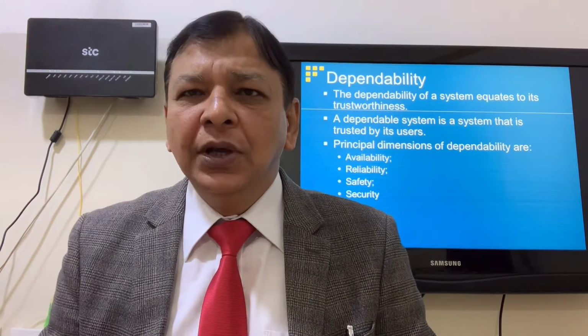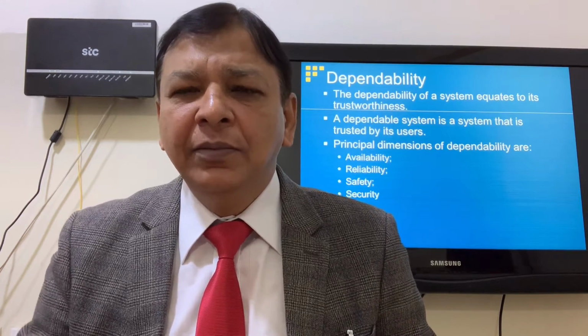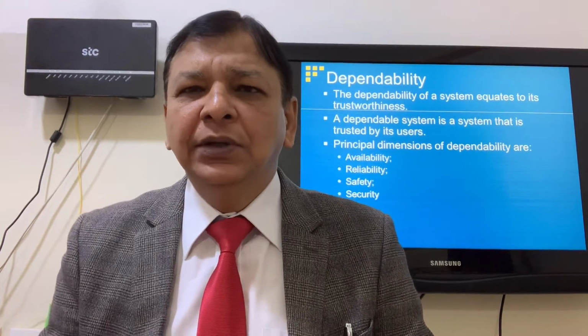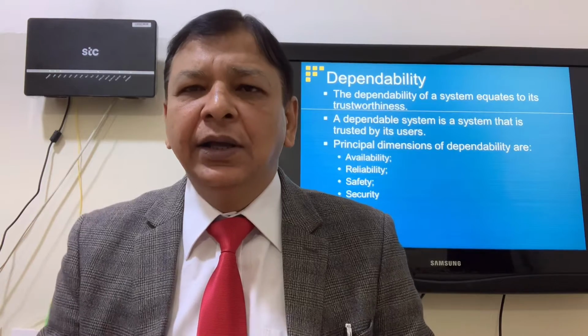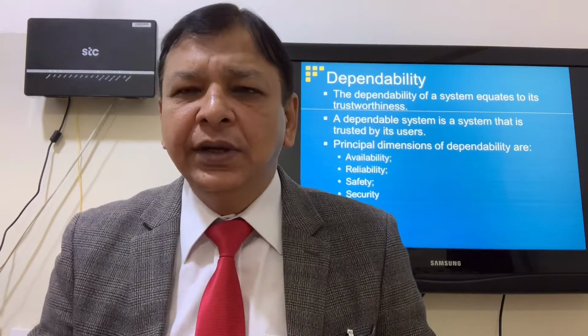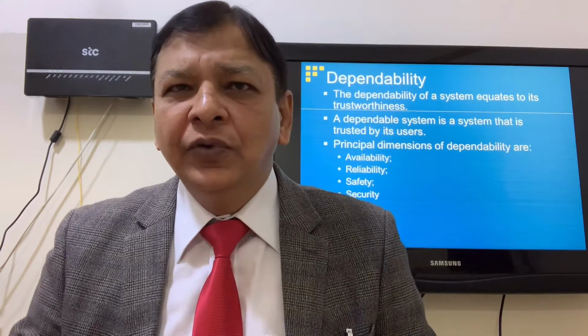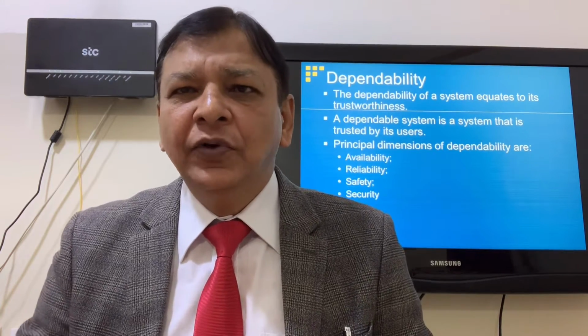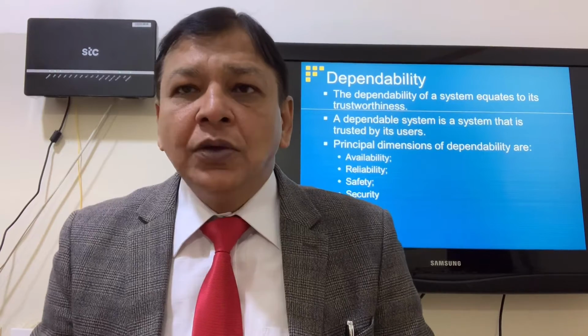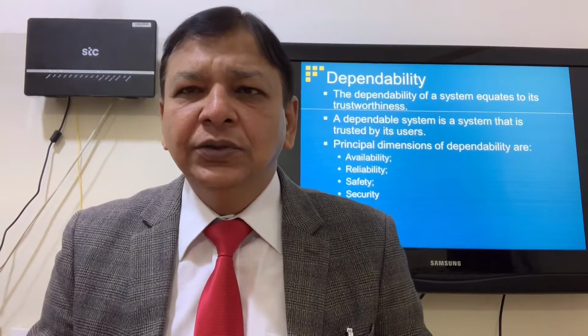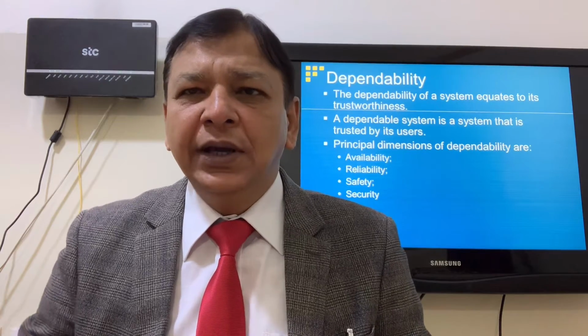Reliability means software should have minimum bugs and it must be stable, it must not crash again and again. The best example is Linux, Unix, which are highly reliable. And if we talk about unreliability, Windows is highly unreliable. So Windows crashes again and again, whereas Linux, Unix, Mac, Sun Solaris, they are highly reliable.